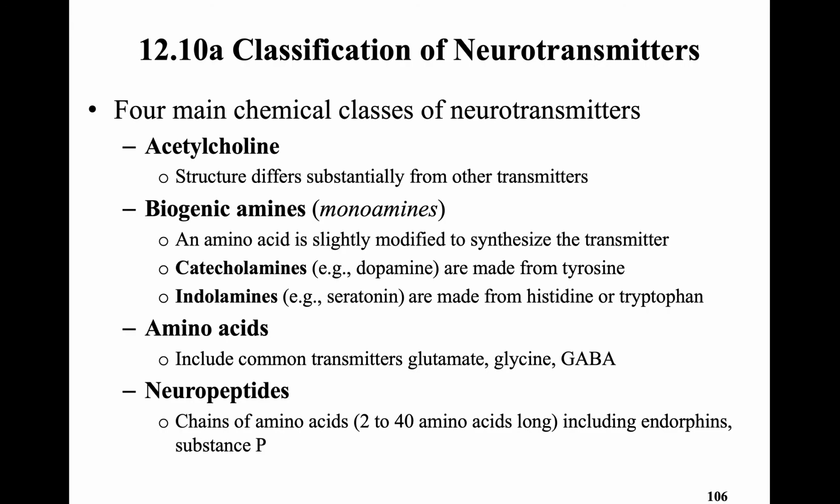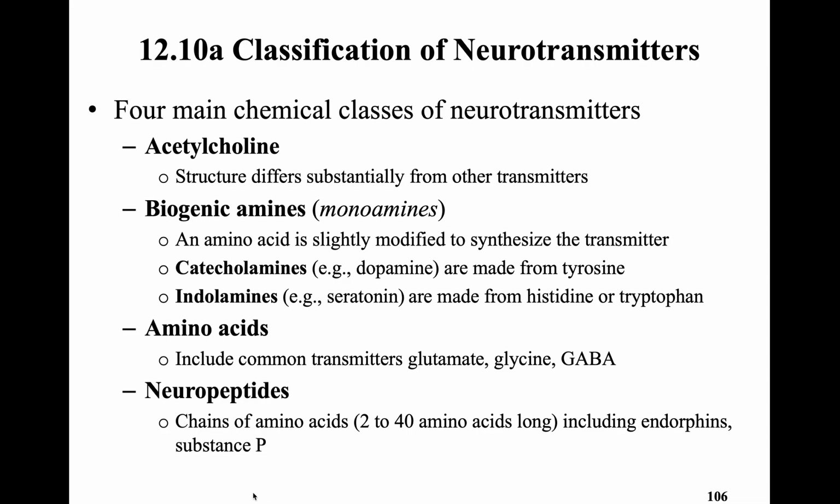Well, GABA is a key one that is inhibitory. Then I move up a little bit to glutamate. That one tends to be excitatory.